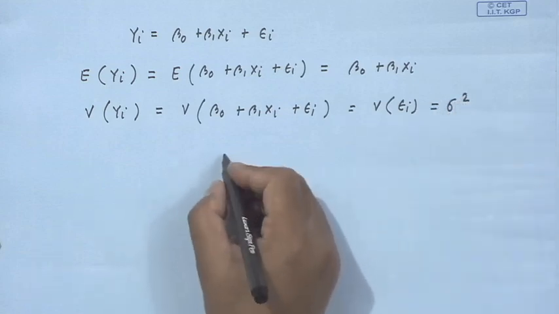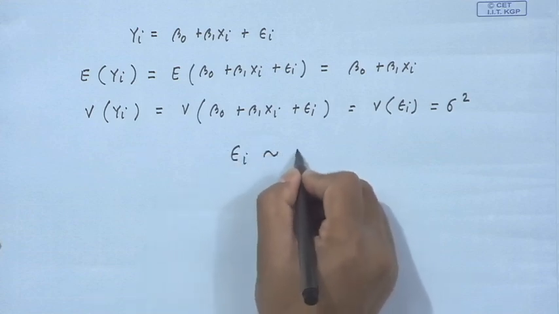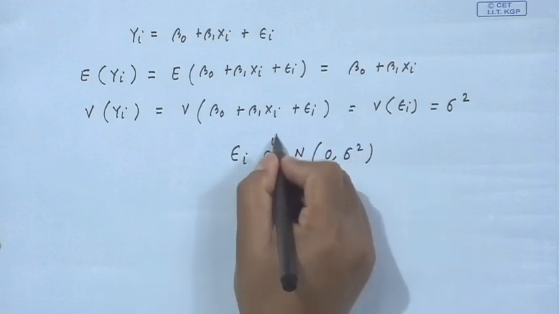And finally, we assume that epsilon I follows a normal distribution with mean 0 and variance sigma square, and they are independent.